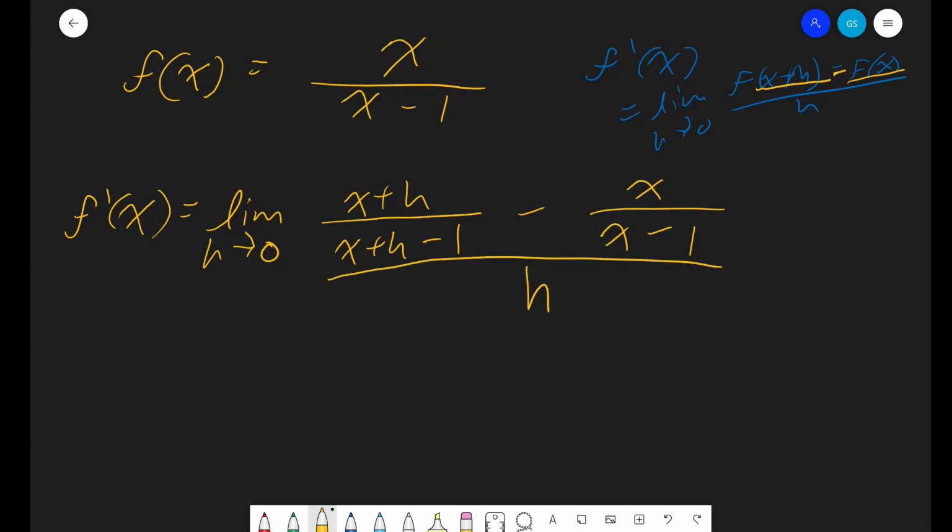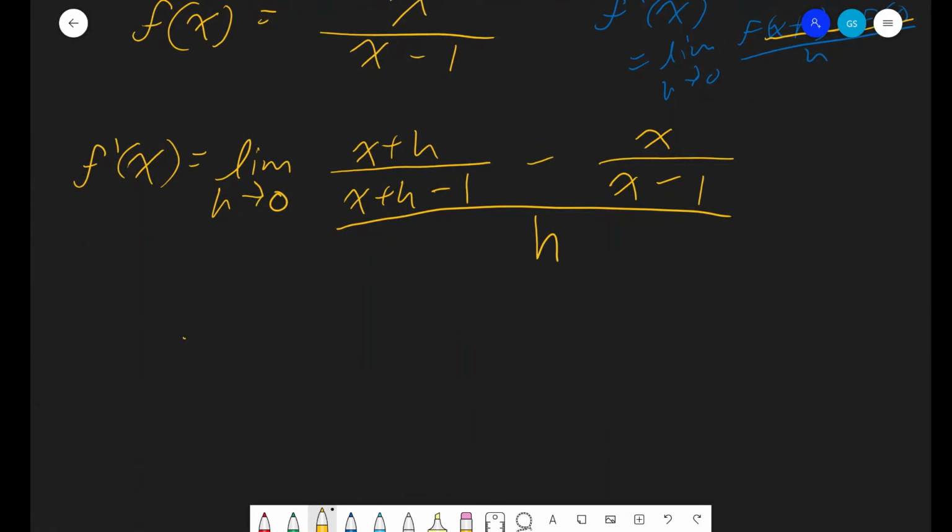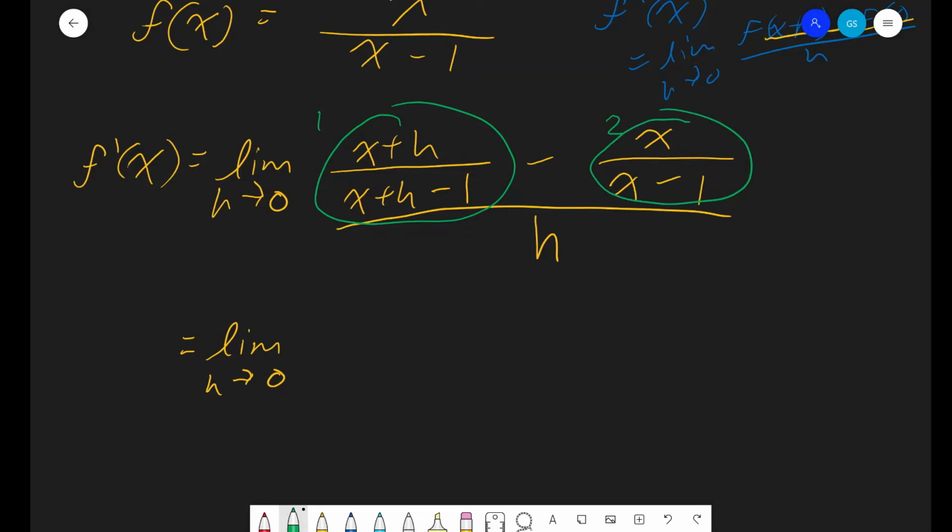That's how it works. So now we're going to write the same thing we always write, the limit as h approaches 0. Now here we basically just do some simple math, because we just want the same denominator for this whole term right here. So all we're going to do is multiply each thing to make sure they have the same denominator. We see that there's an x plus h minus 1 and there's an x minus 1.